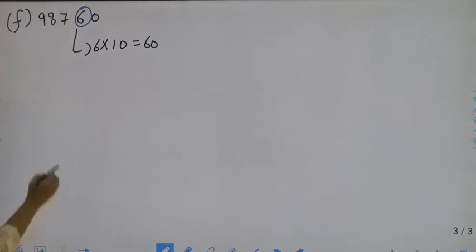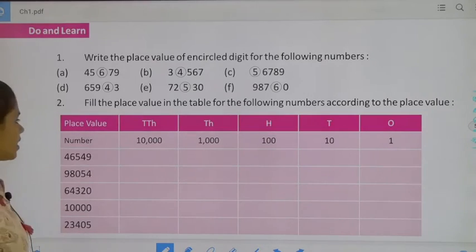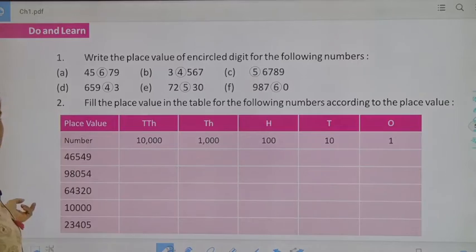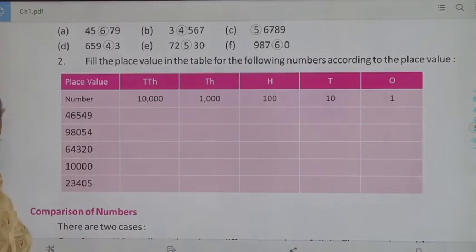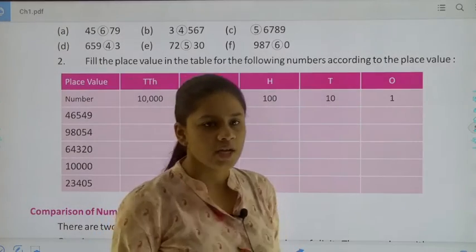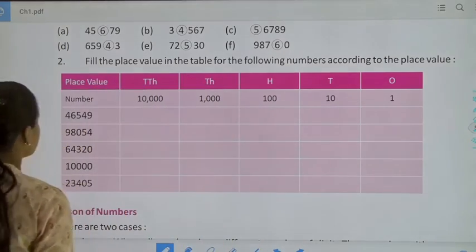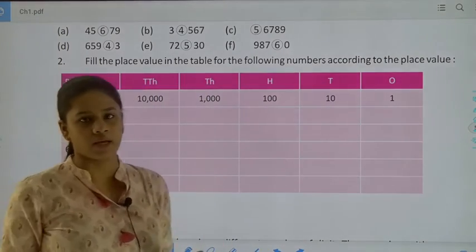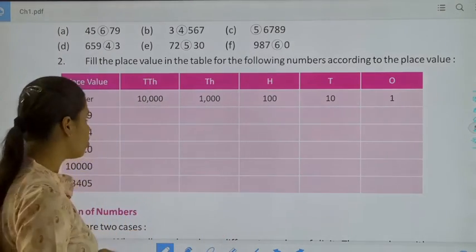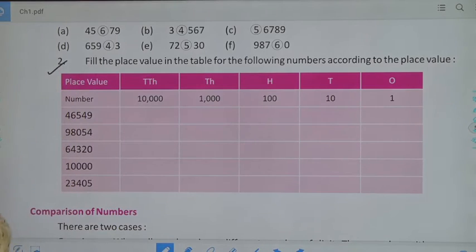Now move to the next question, that is, fill the place value in the table for the following numbers according to the place value. So students, we have to tell the place value according to the numbers. One more thing: students, you have to draw this table in your maths notebook, as well as in your book, you have to do this exercise.